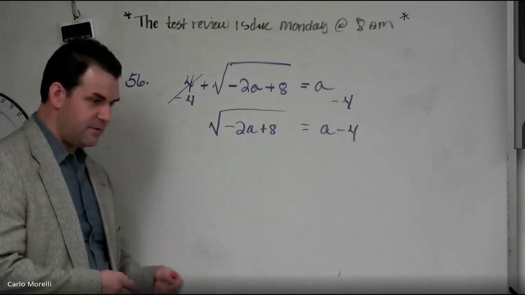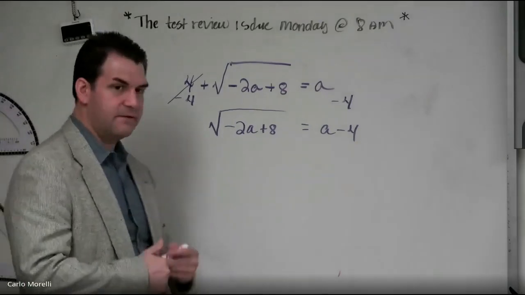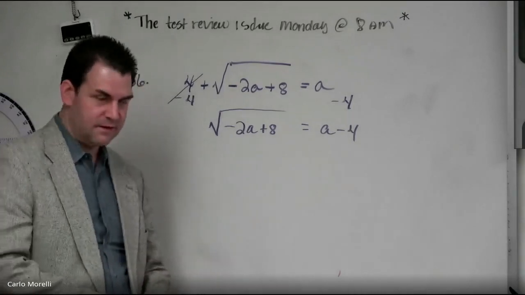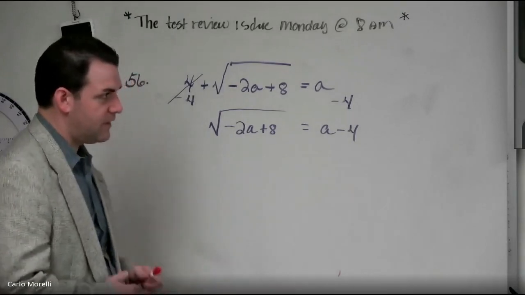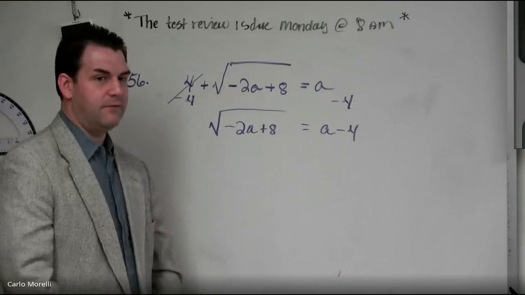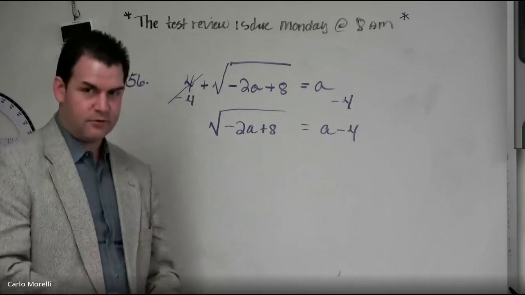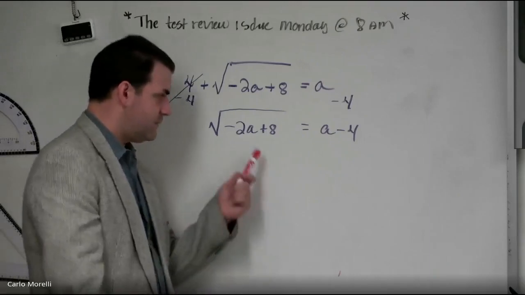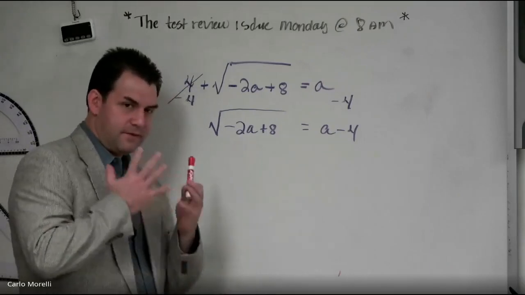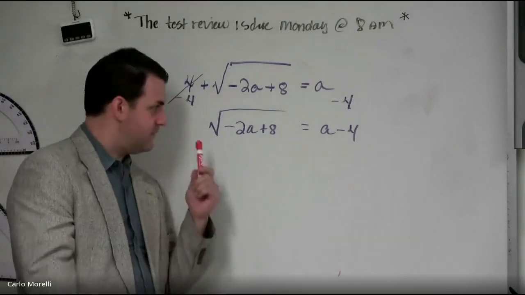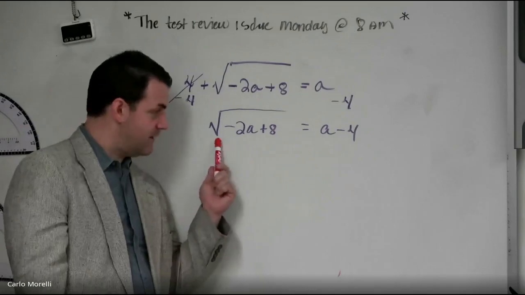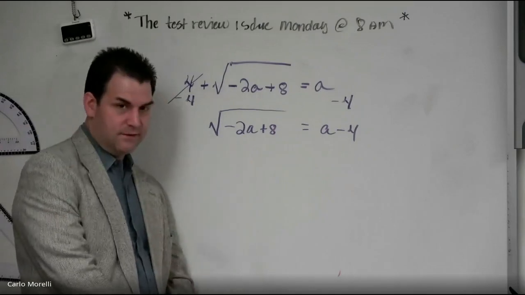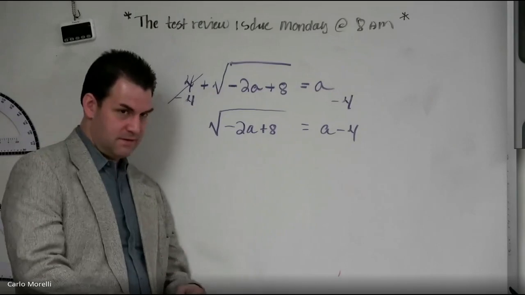Yesterday, the principal and I were talking about productive struggle, about whether or not we coddle too much, give too much information, help too much. So I'm going to just see if I stand here long enough, one of you will think up how I can get rid of the square root, and you'll feel like you accomplished something.